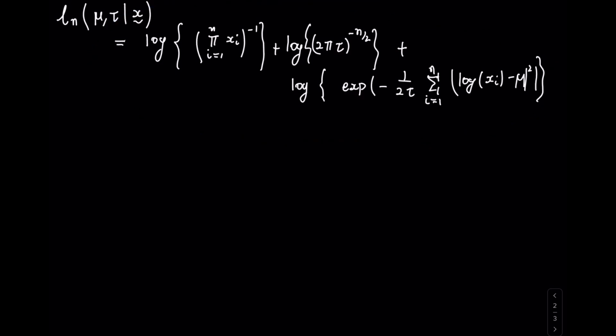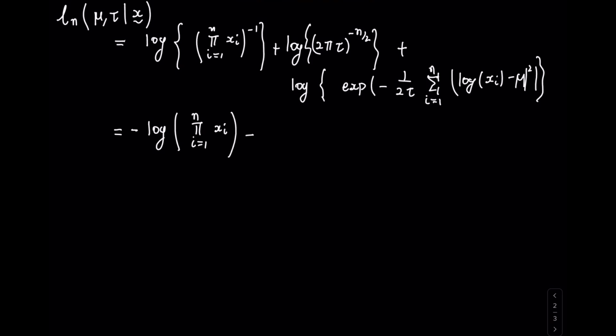Nice and easy. So this expression now becomes, for the first log term, we can take this -1 power and bring it down the front. So we get negative log of the product, i equals 1 to n, of xi.